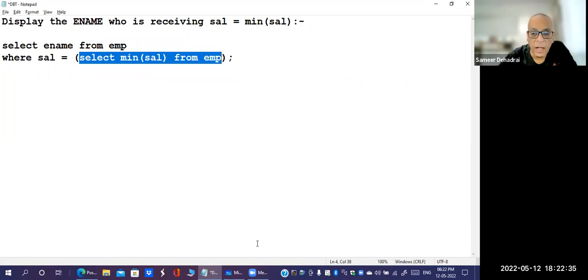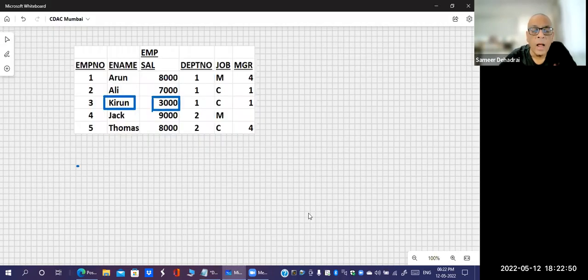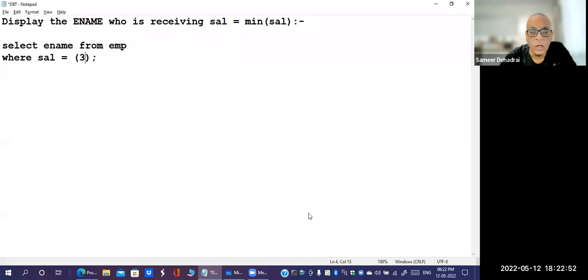So Akshay, in this situation, what happens? First, my subquery will execute: select min of sal from EMP. When I select min of sal, it returns the value 3000.